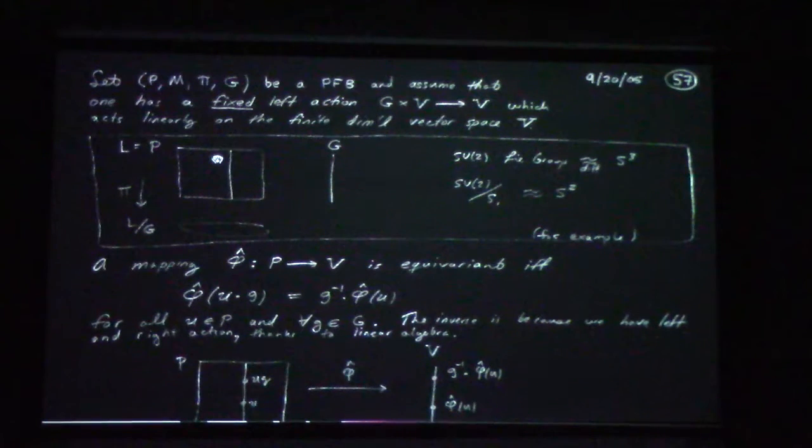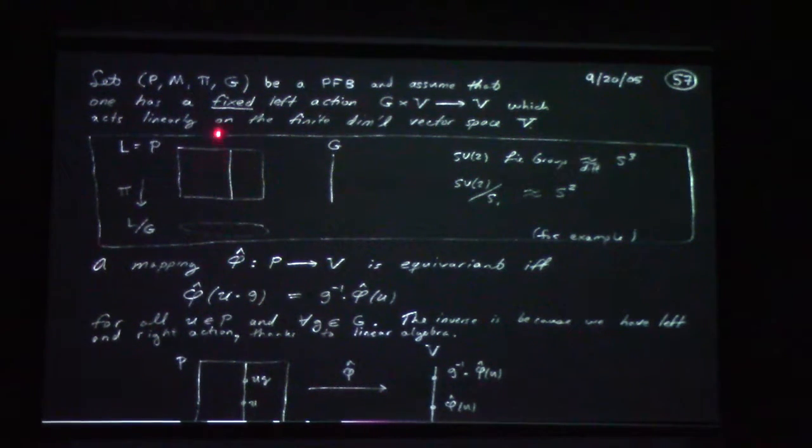So here's the picture again. We have a principal fiber bundle, P, M, pi, G, and we have a fixed left action of the Lie group on V, which acts linearly on the finite dimensional vector space V. All right, great. Oh, phooey.